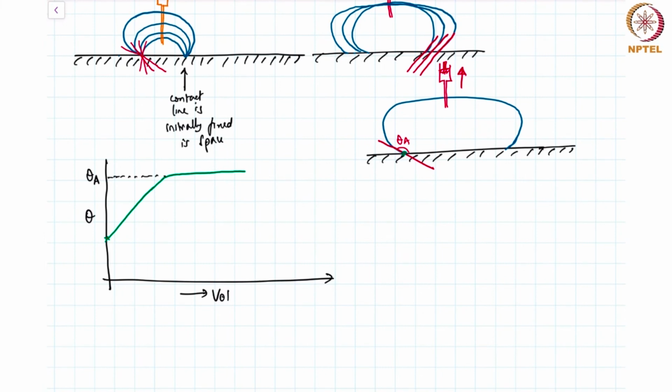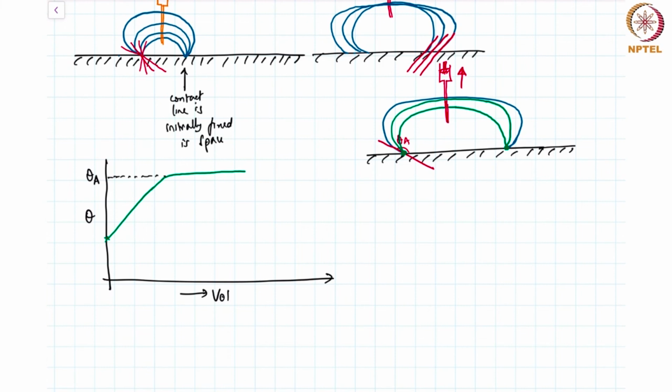The contact line position typically remains fixed initially there, and before somebody makes a comment that my syringe is not penetrating inside, let me push the syringe a little bit in.